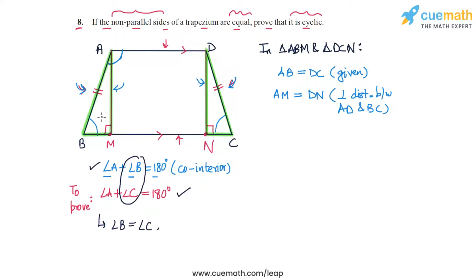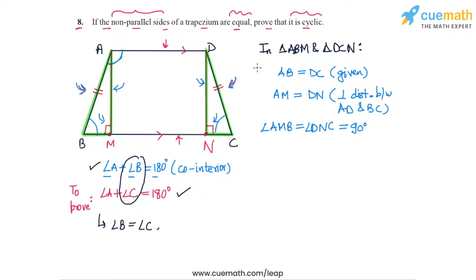We also have angle AMB and angle DNC. Both of them are equal to 90 degrees because AM and DN are perpendiculars.